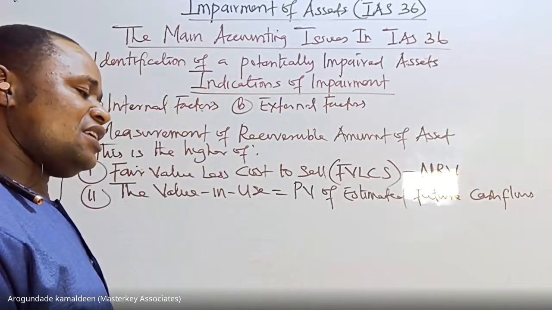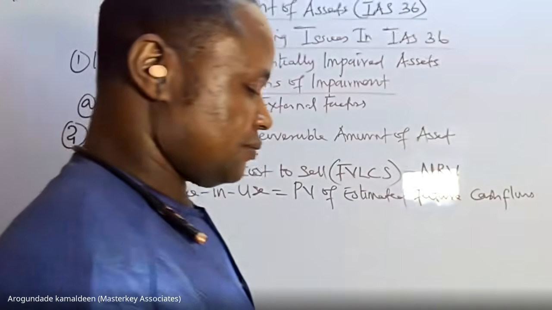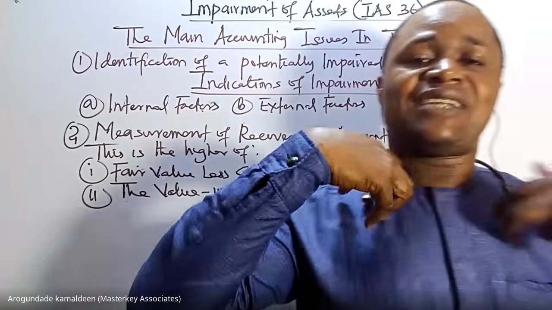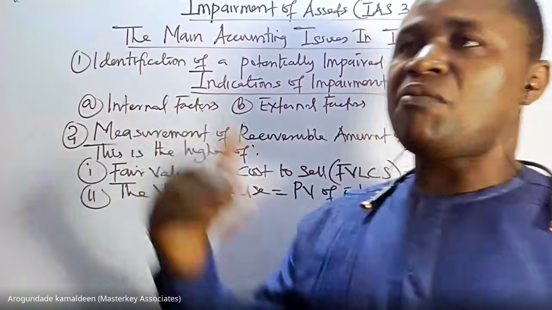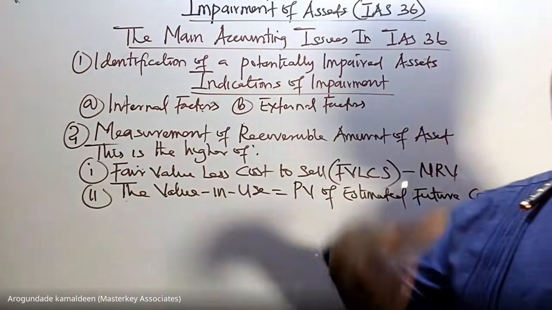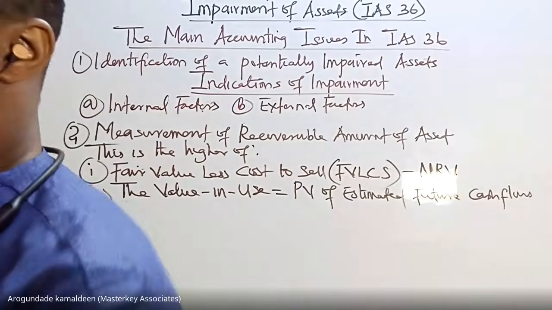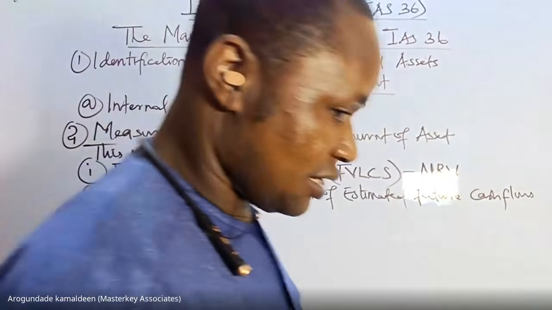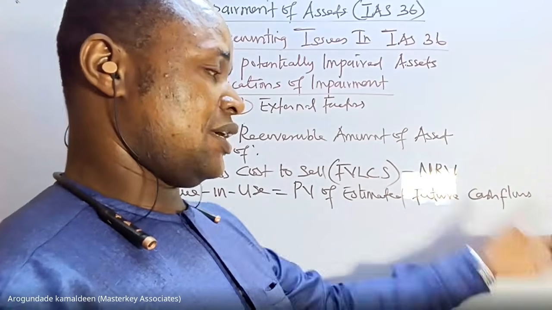Let's say this plant has 5 years. The management would determine how much this plant would give us for year 1, year 2, year 3, year 4, and year 5. That is the total cash we are going to get.